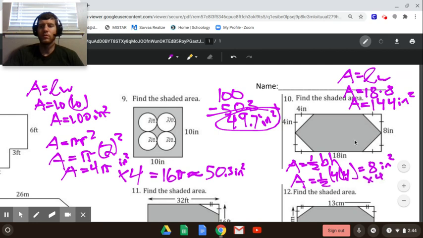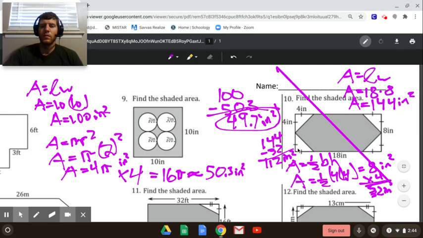Each triangle has an area of 8 inches squared, so together the 4 triangles have 32 inches squared. Now we can subtract that from the whole thing to get the shaded region. So 144 minus 32 is going to give us 112 inches squared.